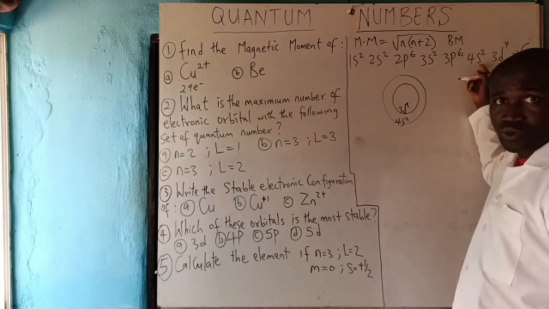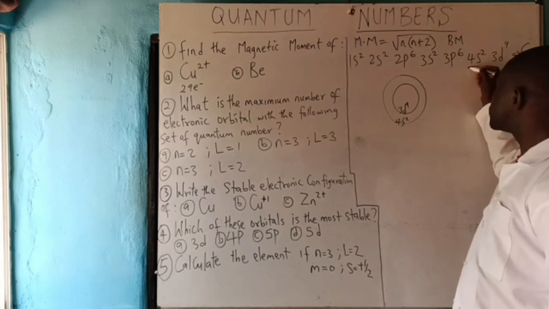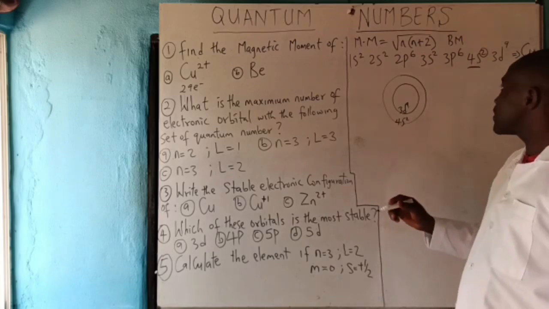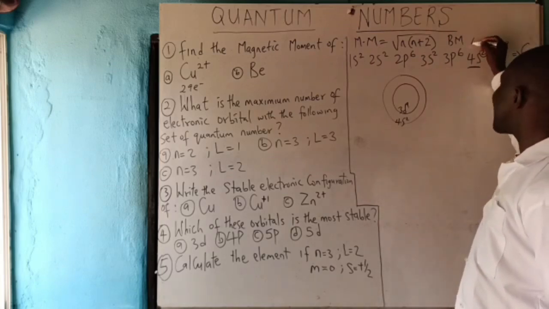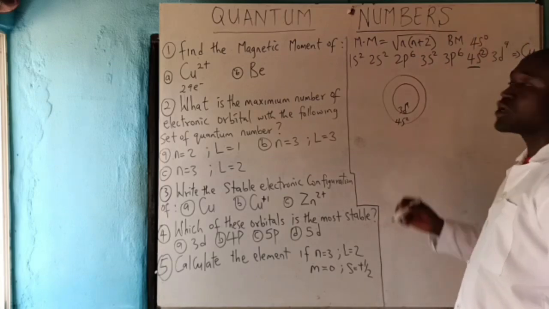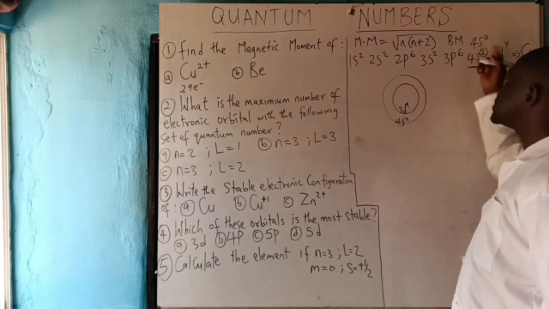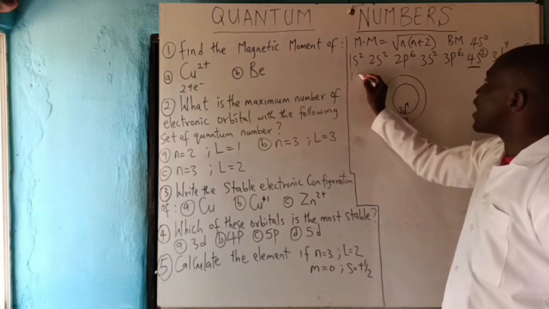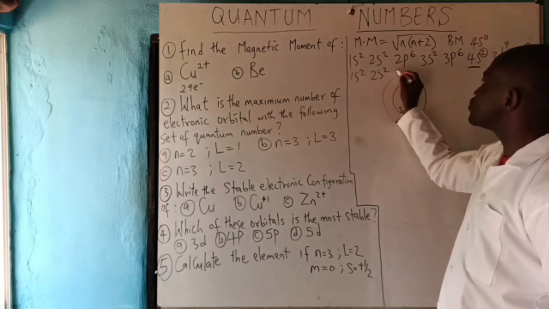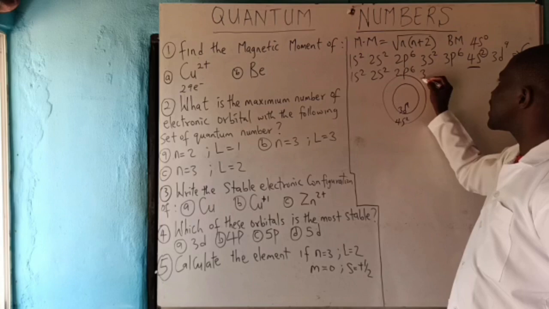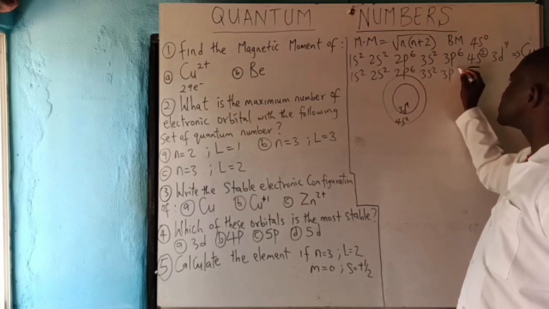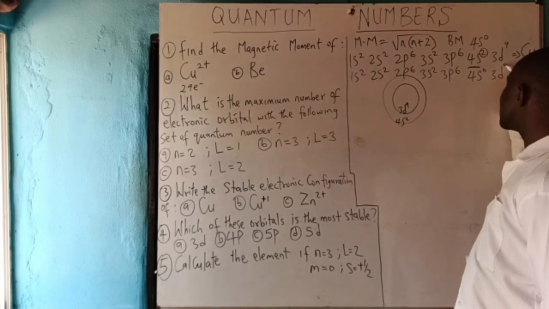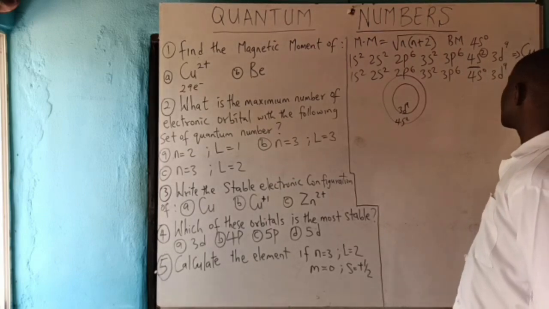That is 4s2. So these 2 electrons will be lost, and once lost, we will have 4s to the power of 0. That means the s orbital has no electron anymore. So we have 1s2, 2s2, 2p6, 3s2, 3p6, 4s0, 3d9.